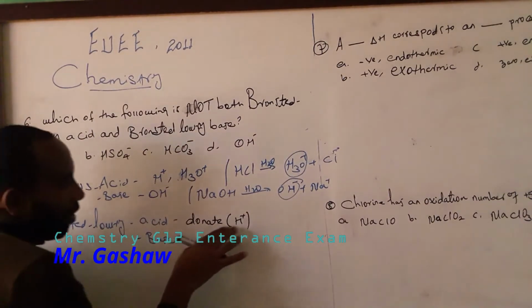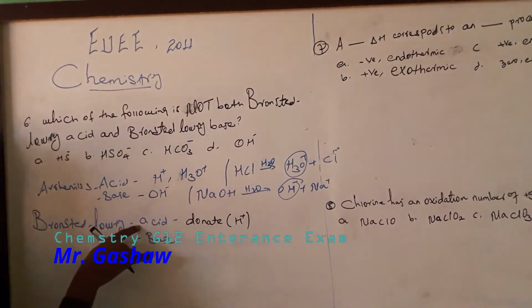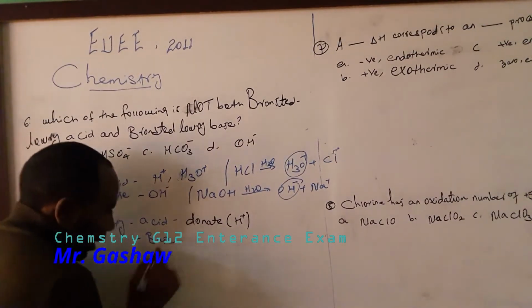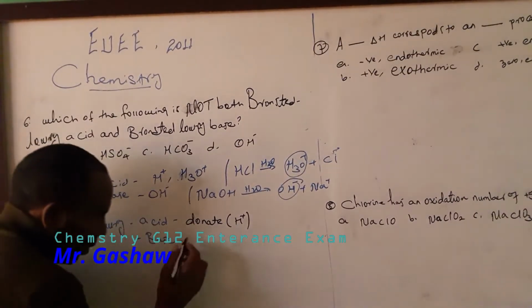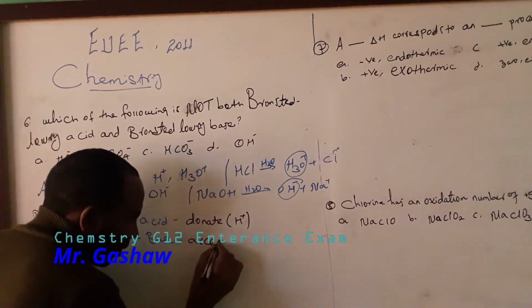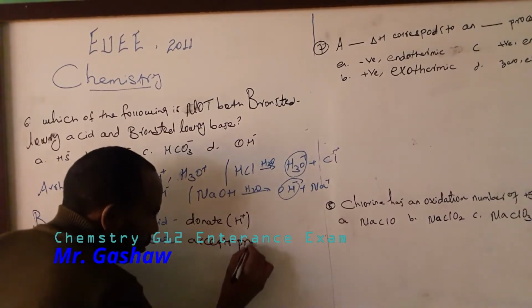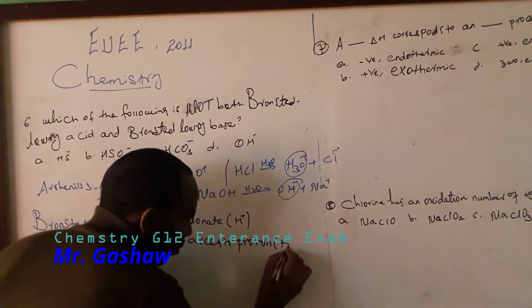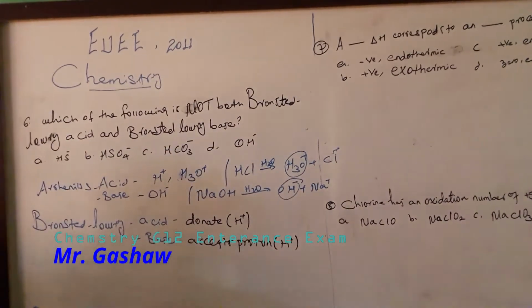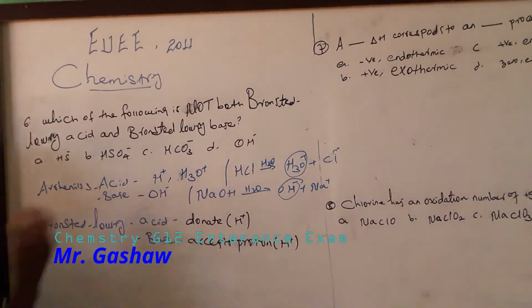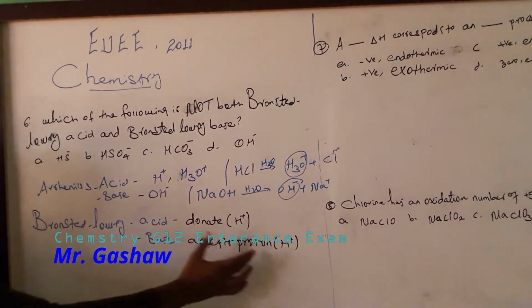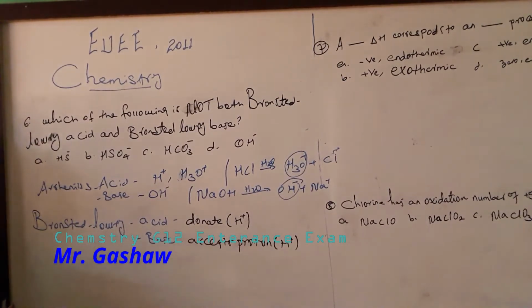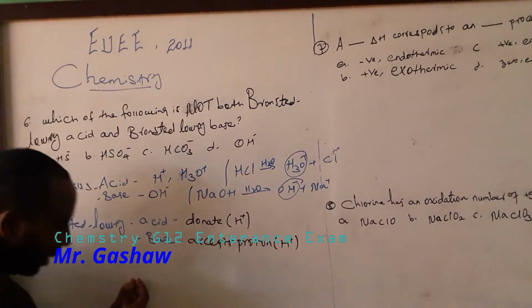If it donates hydrogen ions, we call it a Bronsted-Lowry acid. Then a Bronsted-Lowry base is a substance that accepts protons. So if the substance, whether in gaseous state or in aqueous solution, donates or accepts protons, we call it a Bronsted-Lowry acid or base.